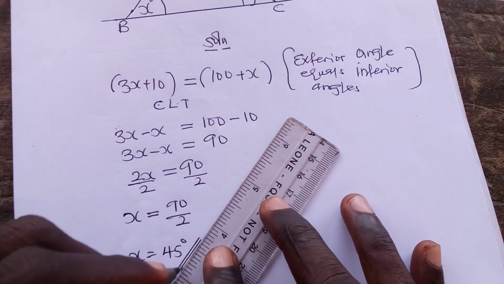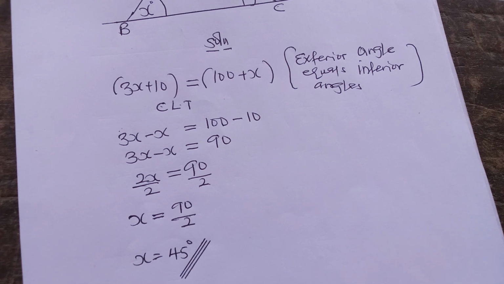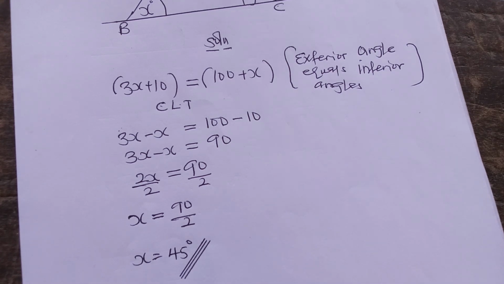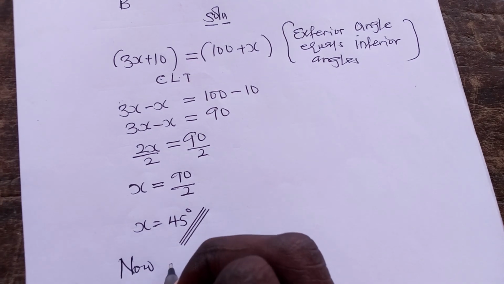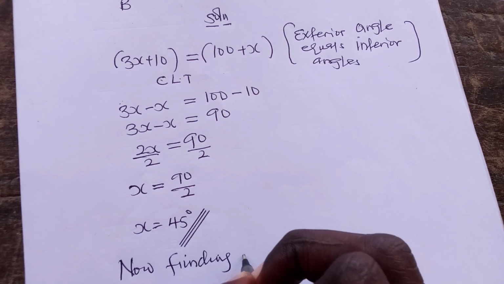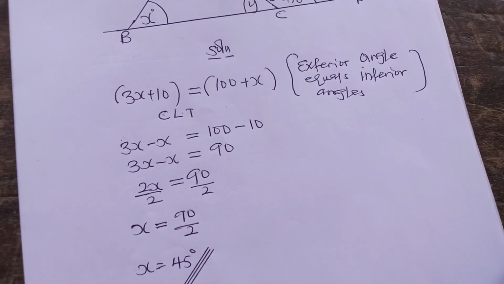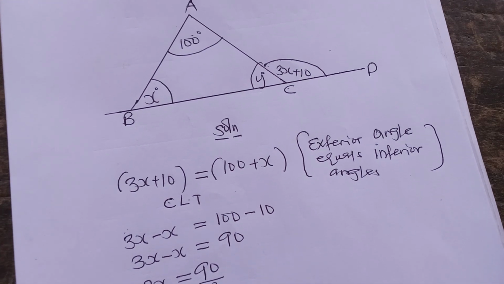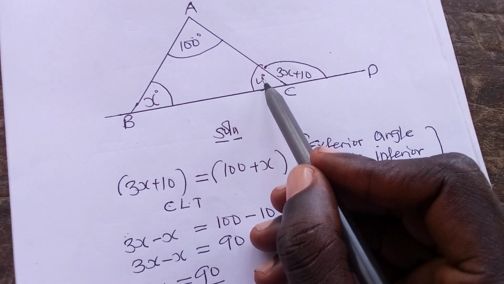Let's try to find the value of y also. Now finding y. You want to find the value of y. Let's look at the diagram again. This is y that we want to find.